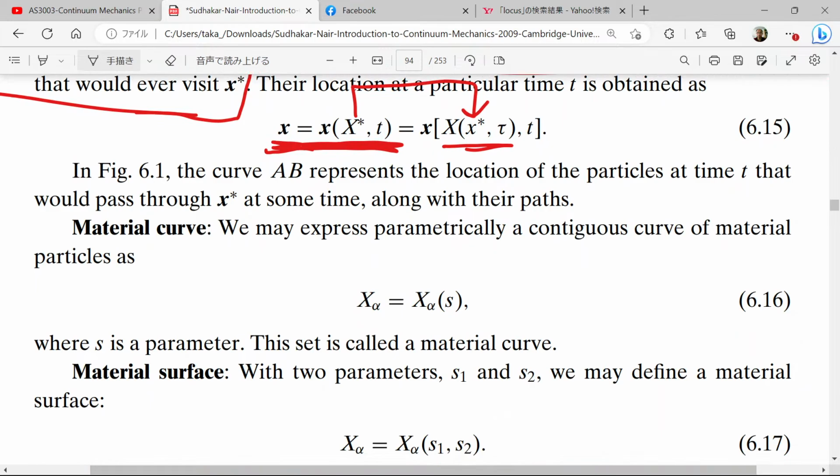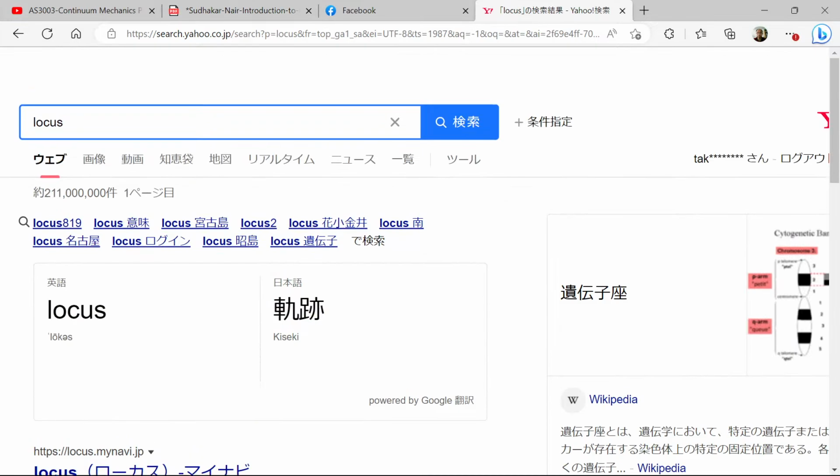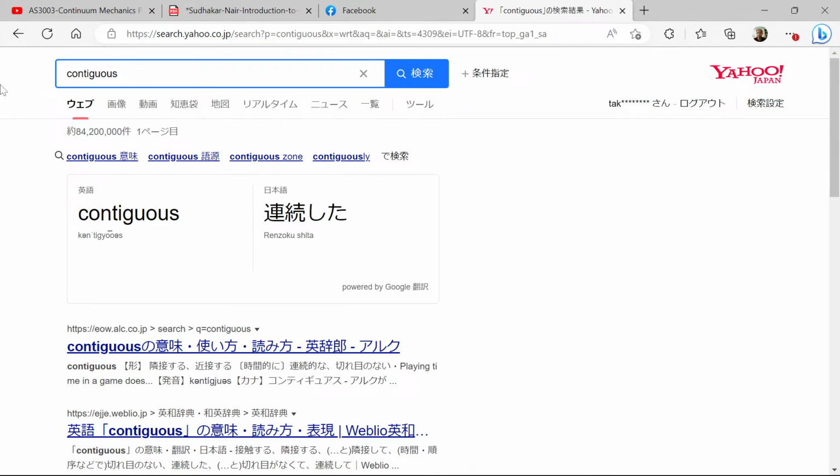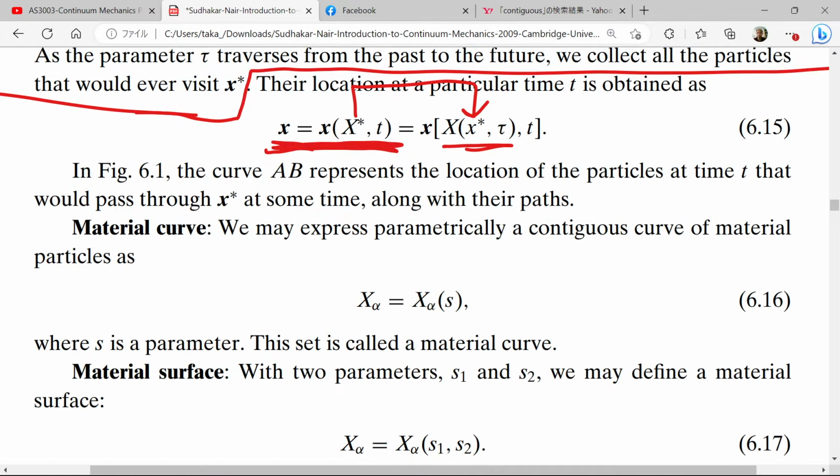Material curve. We may express parametrically a contiguous curve of material particles as, where S is a parameter.